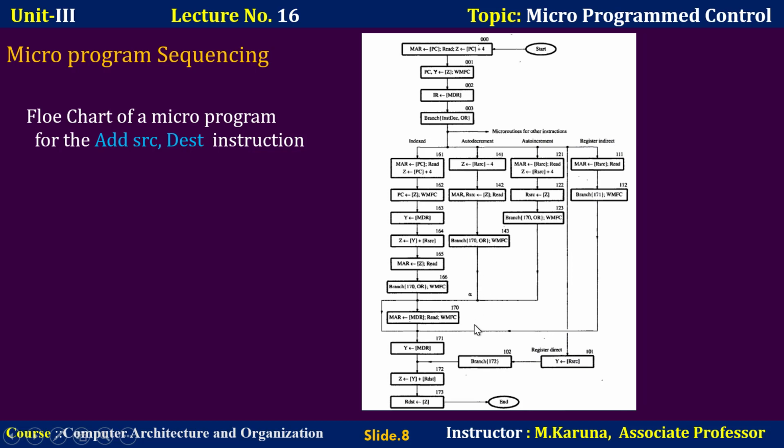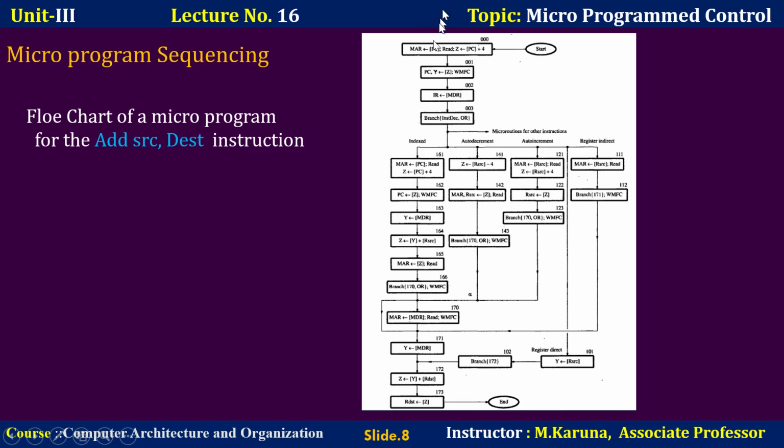The way of specifying the data is mentioned in these different kinds of addressing modes. Those are 5 addressing modes. In this flowchart we can observe 5 addressing modes, in which data can be specified.